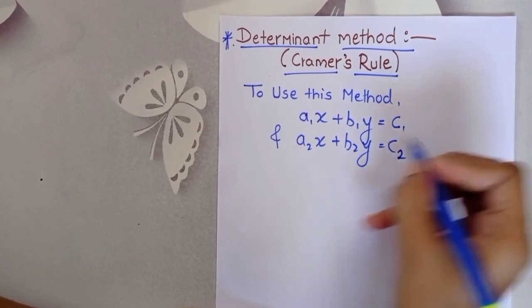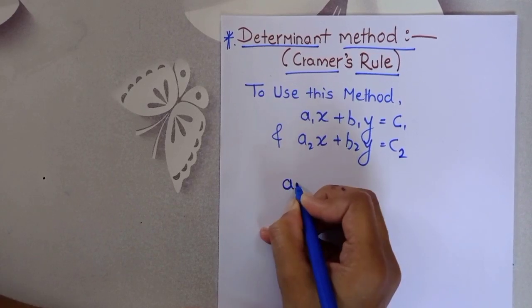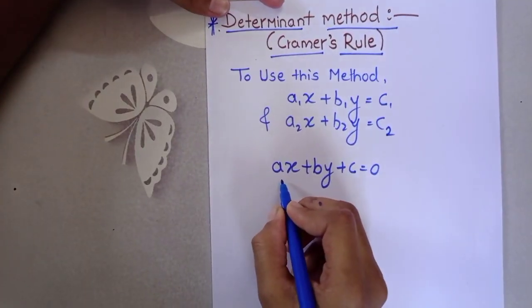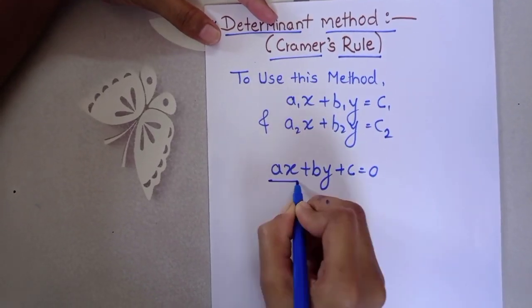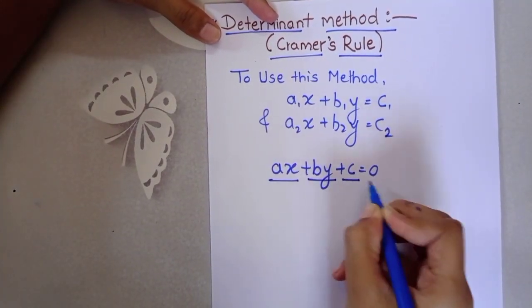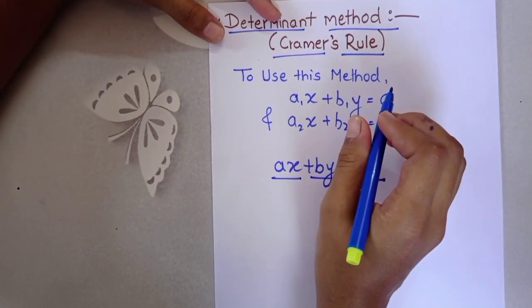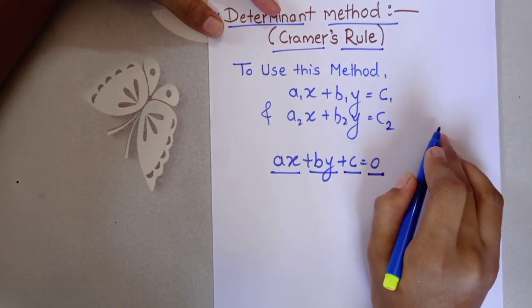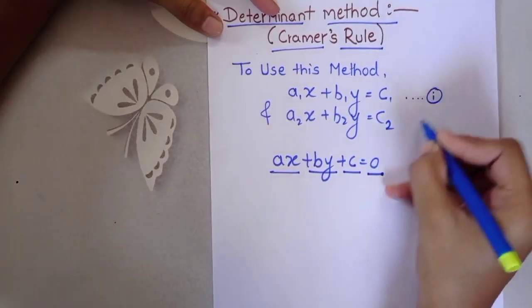We know the general form of the linear equation in two variables is ax plus by plus c is equal to 0. But to use Cramer's rule, we have the constant term on the right hand side. Now, these two are the general forms of the simultaneous equations.